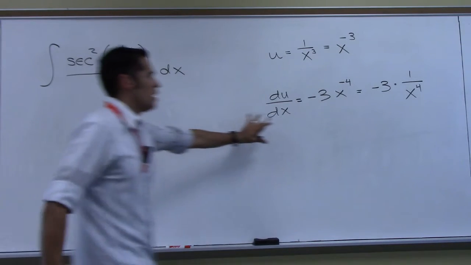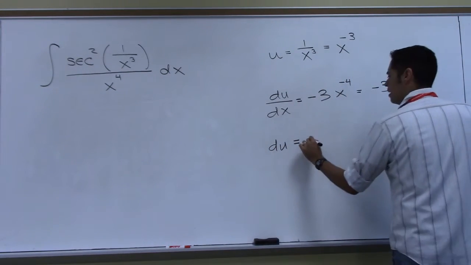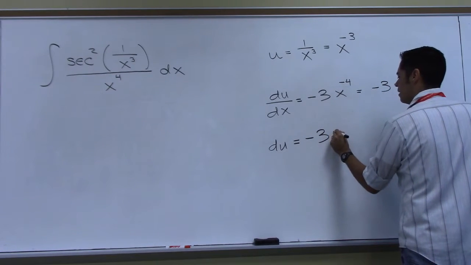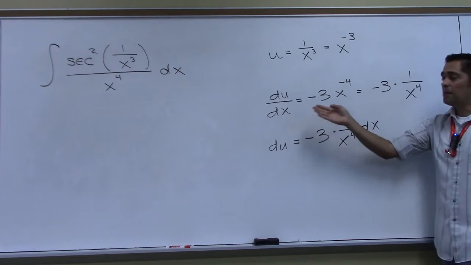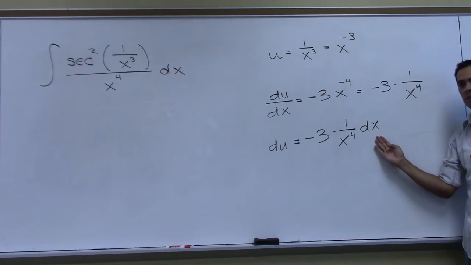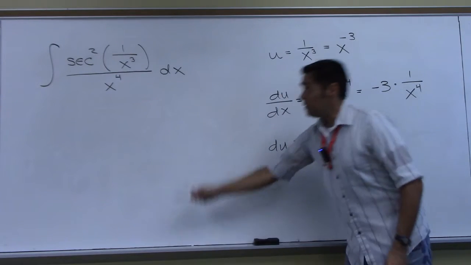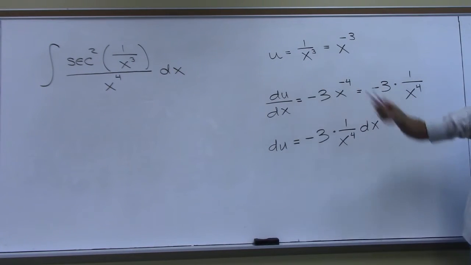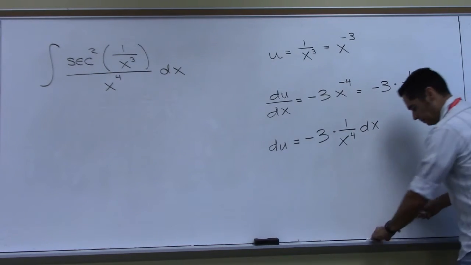So let me just finish writing this one line. I have du is equal to negative 3 times 1 over x to the 4th dx. So all I did there is what I'm going to do every time, which is bring the dx over here. And so what I'm going to try and do is see if I can manipulate that expression up there to make it look something like this so I can do my replacement.